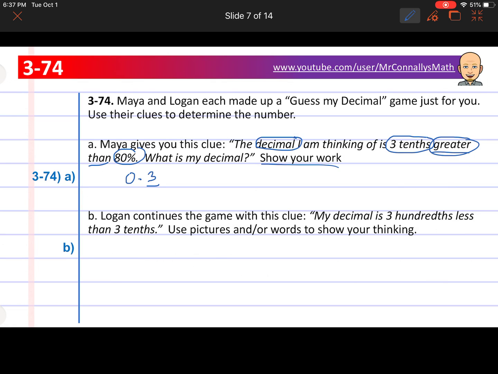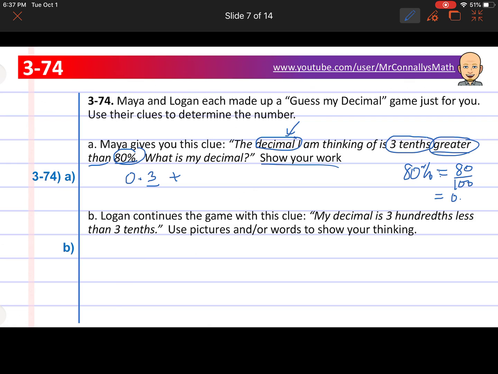Greater than, so that means it's increasing more than 80%. Except 80% is a percent. And we want our answer to be a decimal. So let's take 80%. And what is that as a decimal? We know that's the same as 80 over 100, which is the same as 80 hundredths, or 8/10 really.